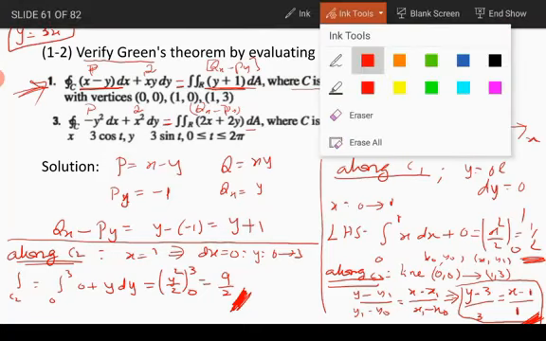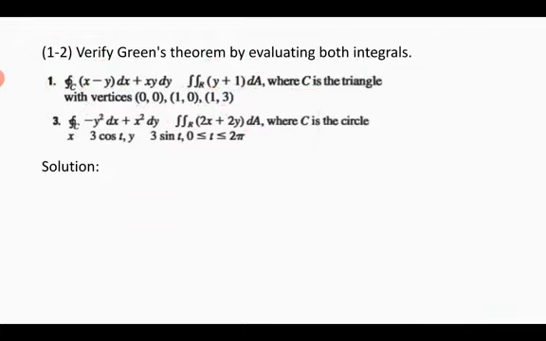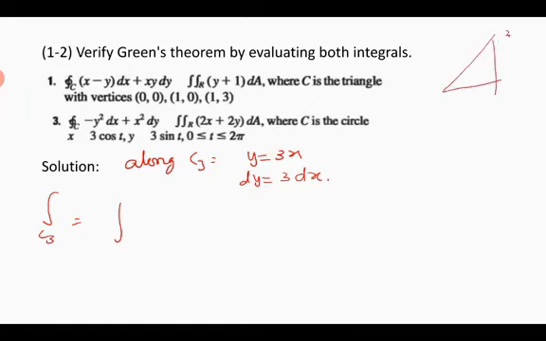Okay, I will erase this one. So along C3, y is equal to 3x, therefore dy is equal to 3 times dx. Therefore the integral over C3: you notice that x varies from 1 to 0. See this triangle, you might have noticed this point is 1 comma 3 and 0 comma 0.